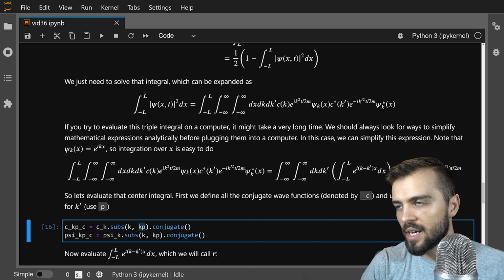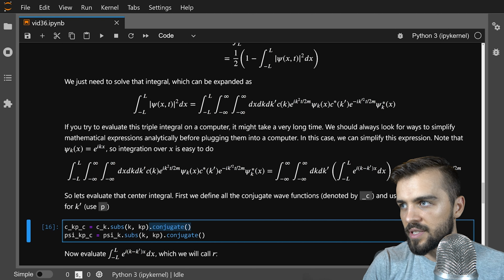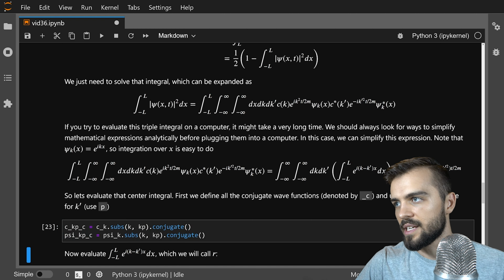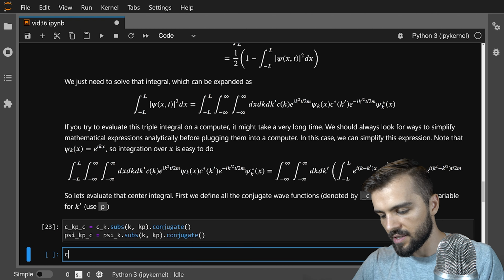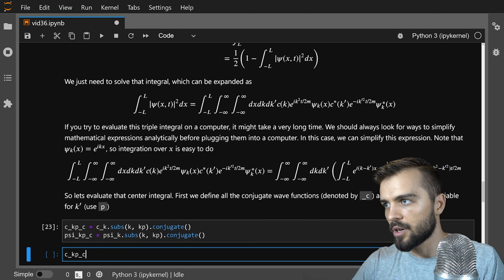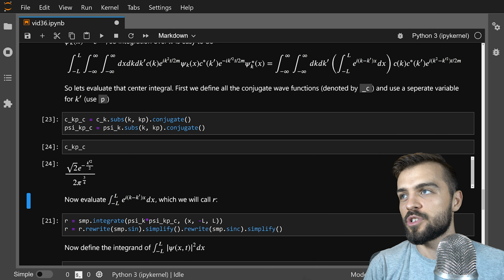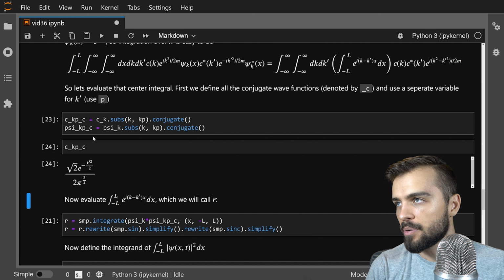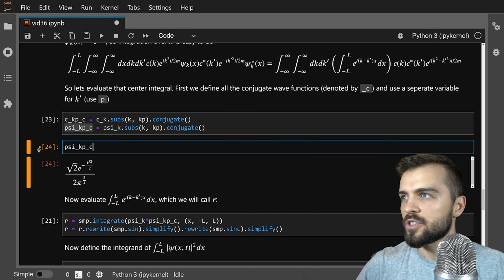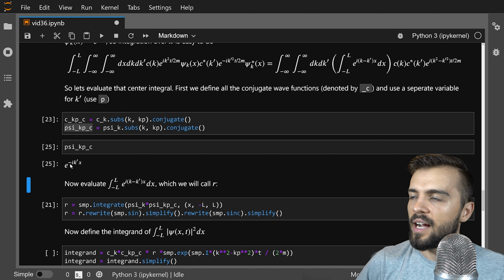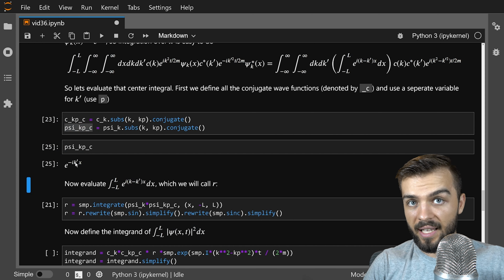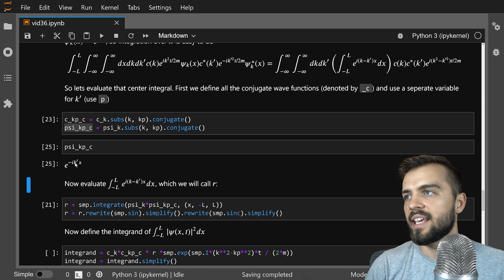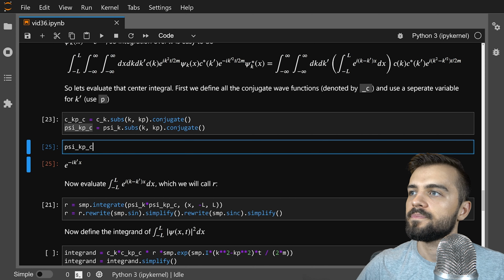So I substitute k prime in terms of k, and I take the complex conjugate, and I do the same thing for psi_k prime c. And if I just look at these two things, c underscore k prime conjugate, because c_k was just a real variable here, this is just the same thing, only k instead of k prime. Same thing with this function here. I take the complex conjugate, so it's e to the i k x. Now it's e to the negative i k prime x, and it's the complex conjugate, of course.